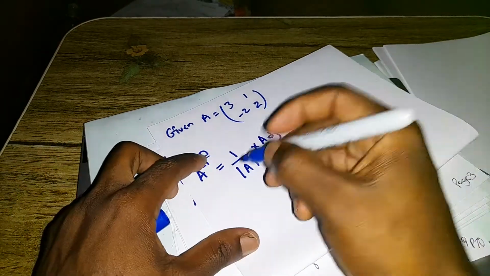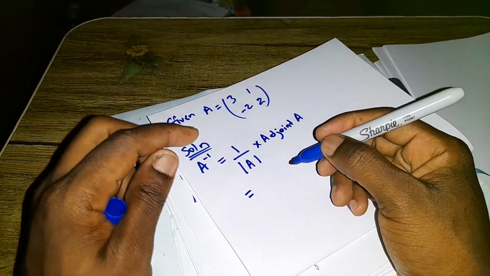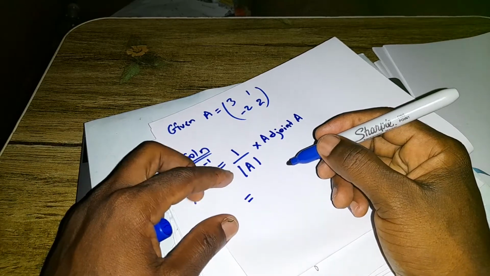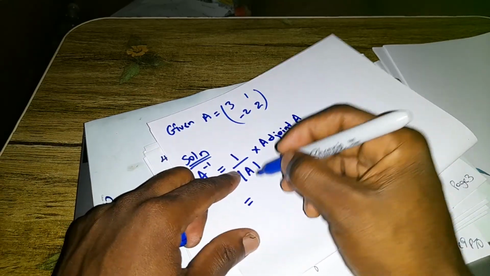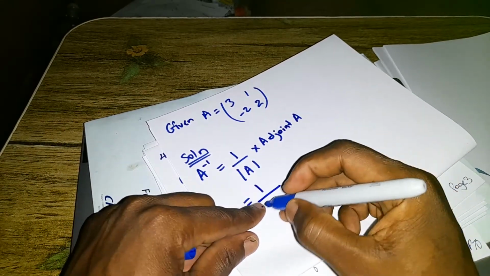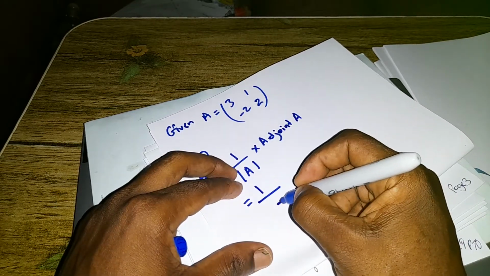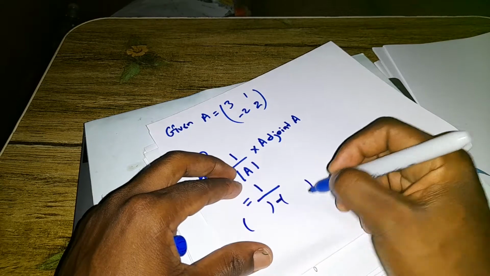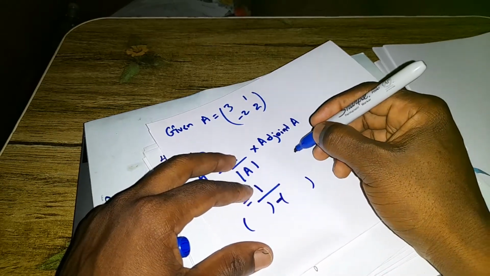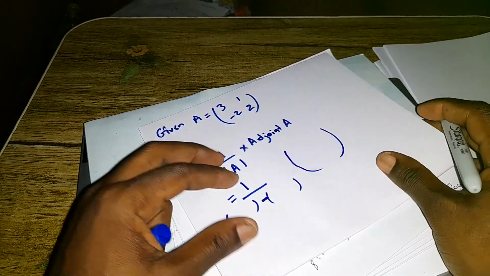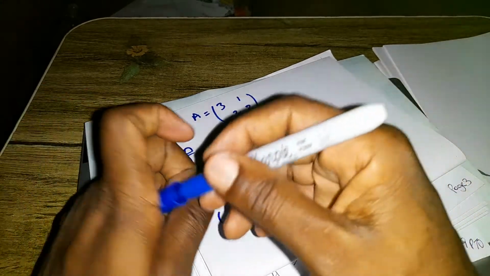So the first thing you want to do is remember how we find the determinant. Put your 1 over and work out the determinant down here. Put your bracket like this, and put your adjoint to the side. The first thing you're going to work out is the adjoint, the easiest thing.